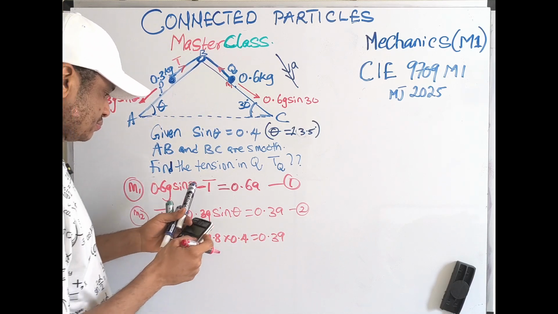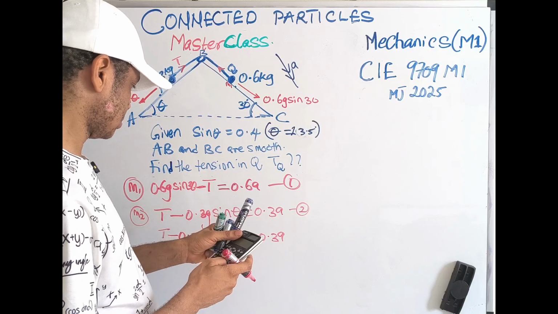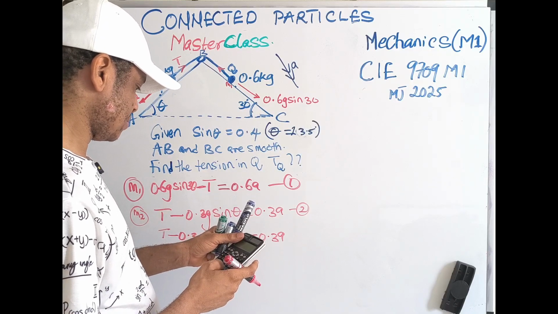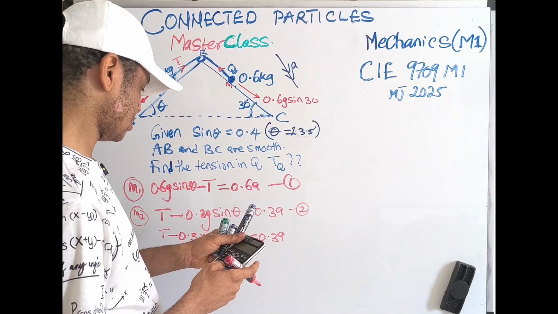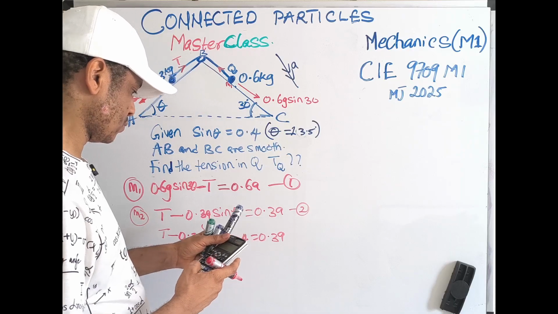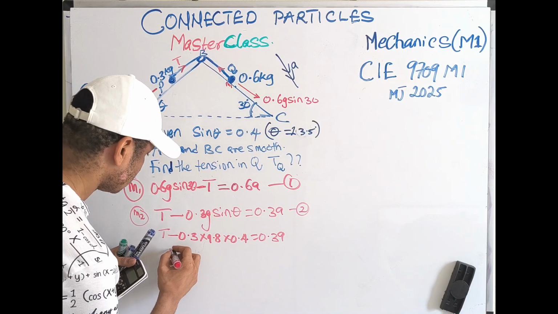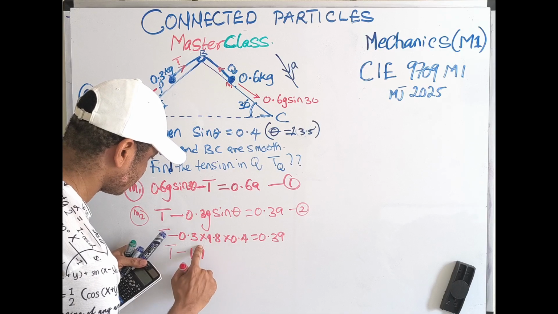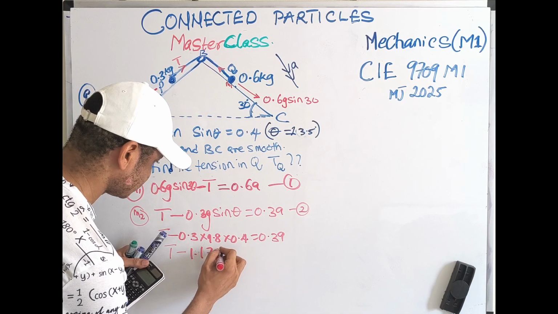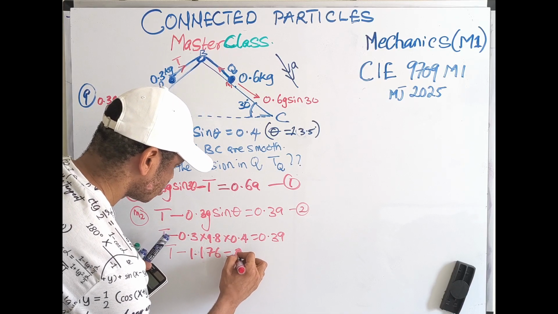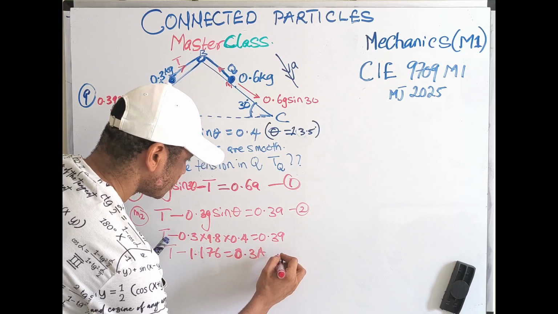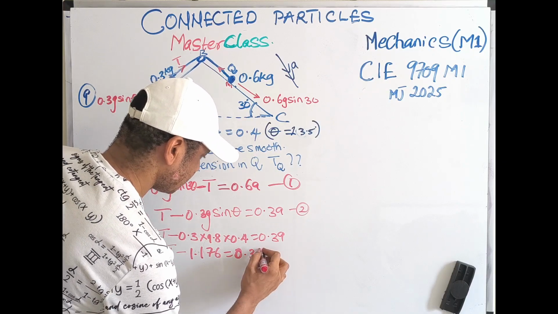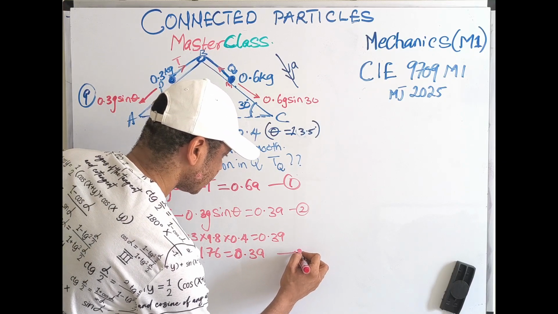So this will be 0.3 times 9.8 times 0.4. That will give me T minus 1.176 equals to 0.3A. Let me call this equation 3.